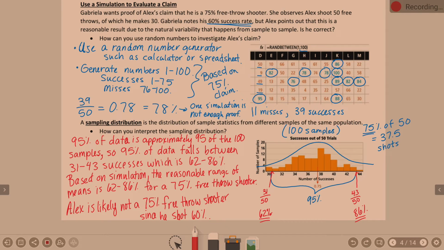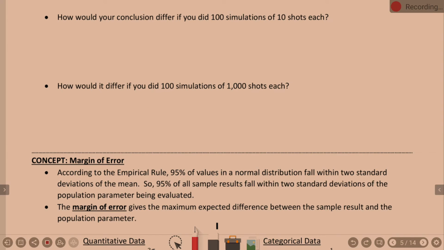Realize we did 100 samples, or maybe I should use the word simulations here. These were of 50 shots each, right? So now the question becomes, how would your conclusion differ if you did 100 simulations of 10 shots each? What do you think would happen?